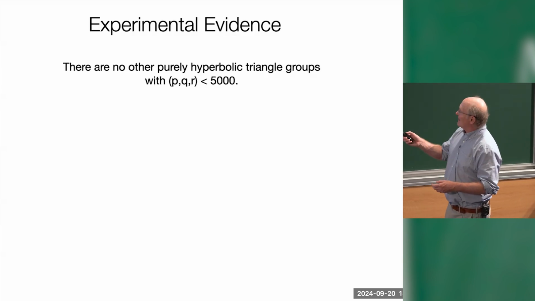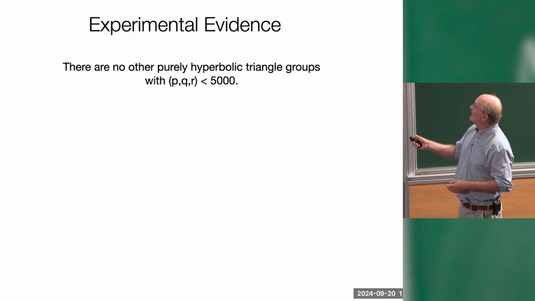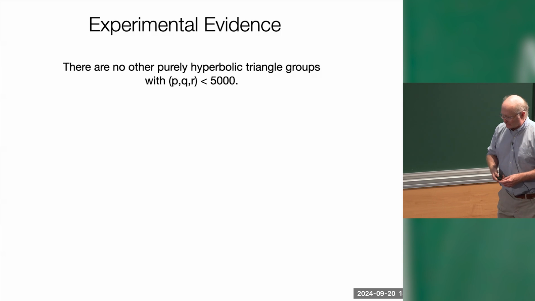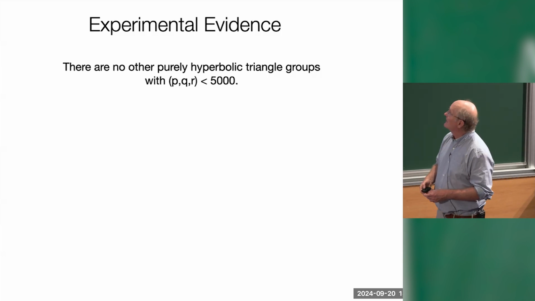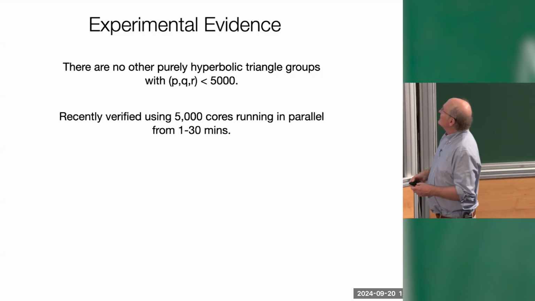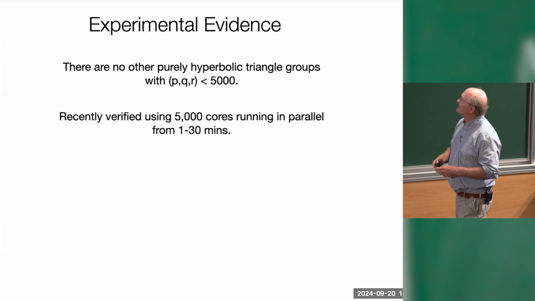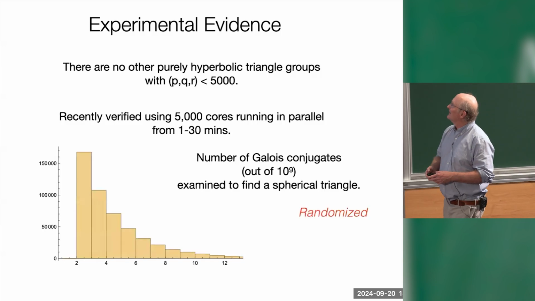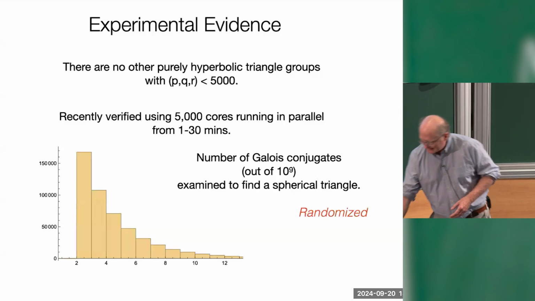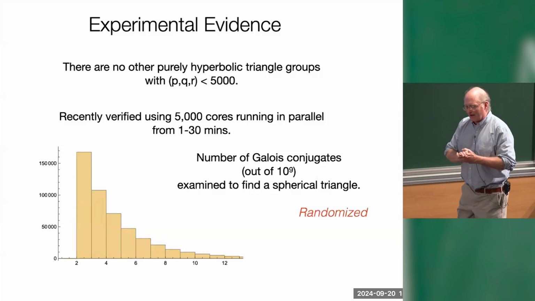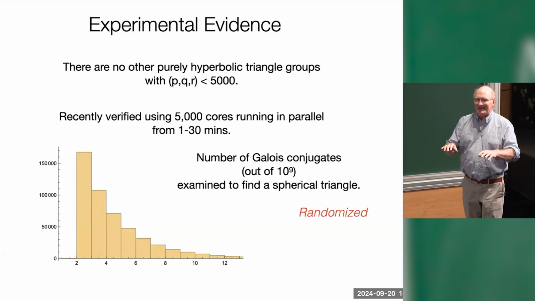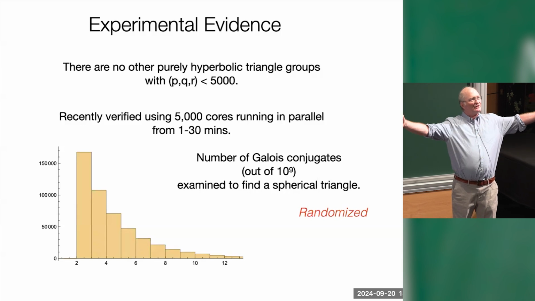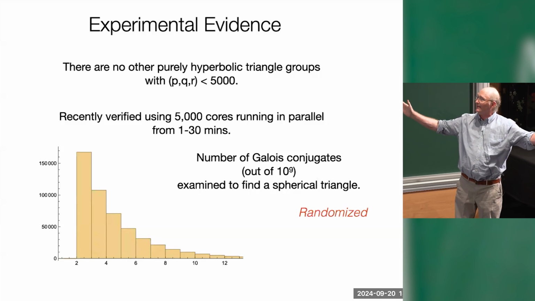So there's a pretty big computation to brute force check whether or not one of these triangles is purely hyperbolic. But I recently checked it in about 30 minutes using 5,000 cores running in parallel in Holyoke, Massachusetts. And what I discovered is that while mathematicians were sitting in their offices working on their iMacs, the other scientists were building these enormous supercomputer centers, and I mean really enormous.